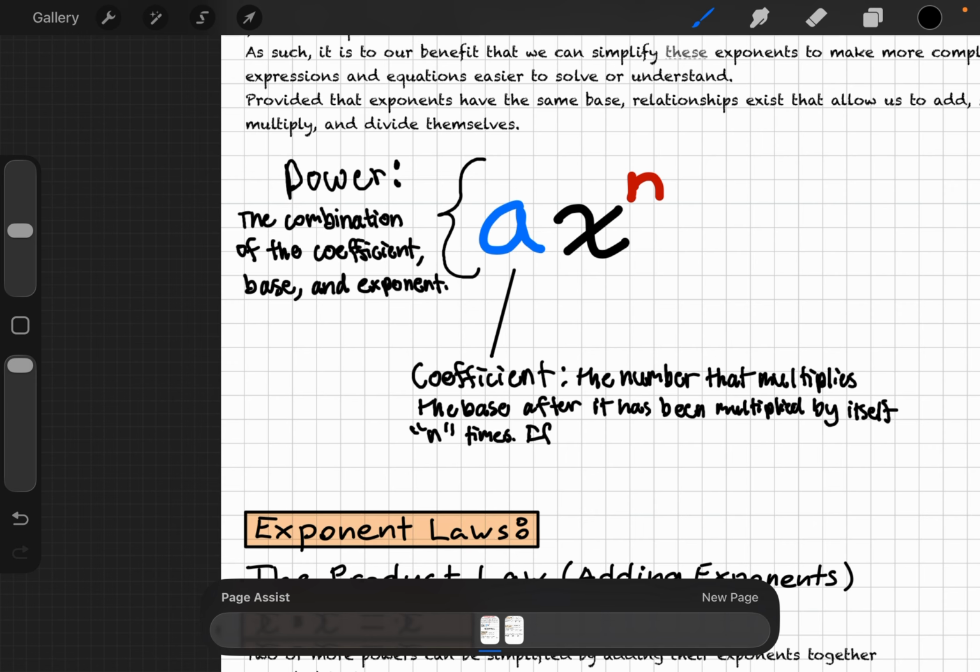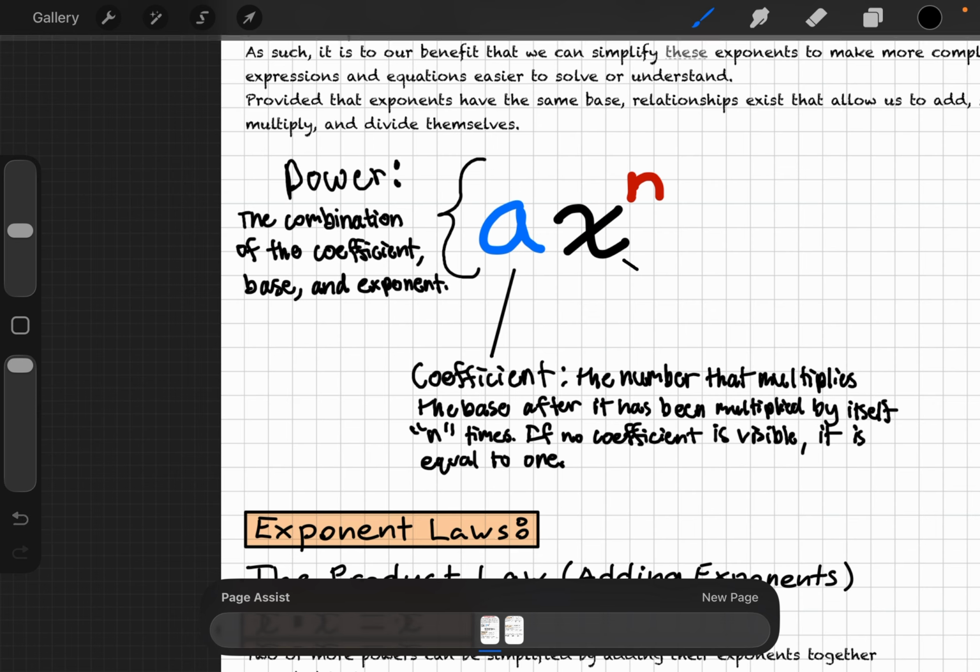If no coefficient is visible, it is equal to 1. Remember that the number in front of the base and exponent is called the coefficient.